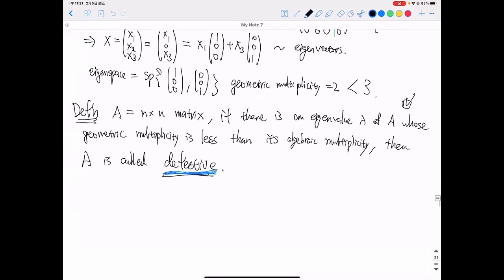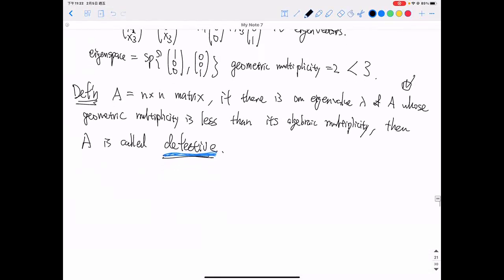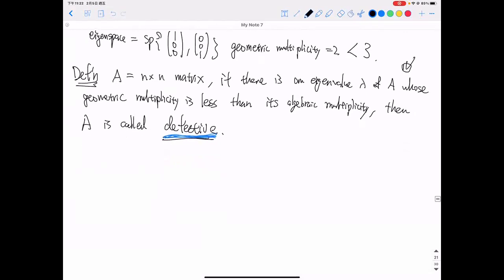A lot of computations are involved here. Anyway, in summary, when you have an eigenvalue, the dimension of the eigenspace, which is called the geometric multiplicity, can sometimes be less than the algebraic multiplicity, and in that case, the matrix is called defective. As the name suggests, it's not a very good situation.